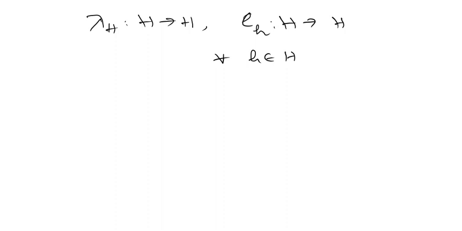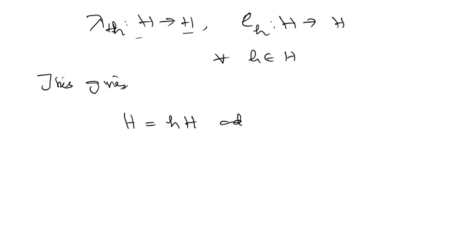But it's a bijection, so that means this gives, for the first one, hH, so small h here, on the left side, H is equal to hH, and H is equal to Hh for all h in H. You can easily verify because these mappings are bijections for all h in H. If you choose any element in H, since this is a bijection, you can find its pre-image, okay.